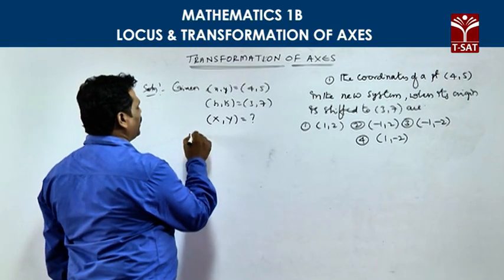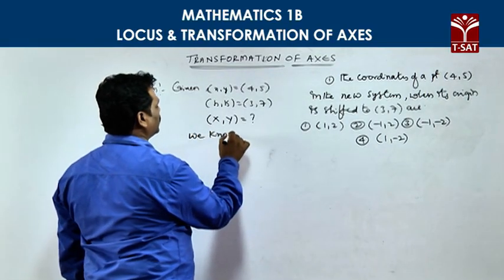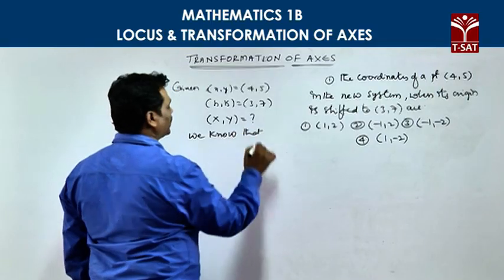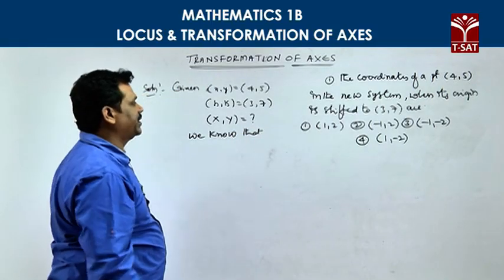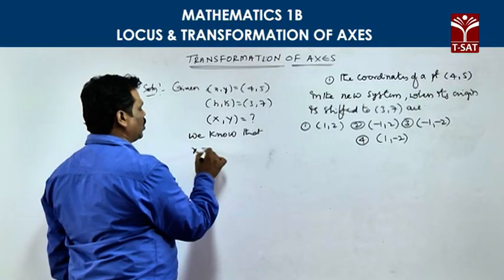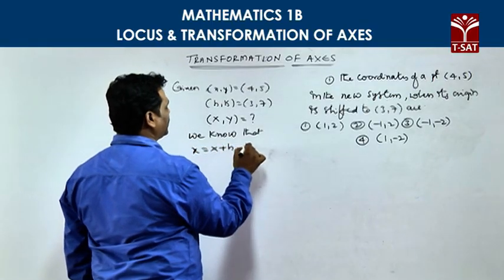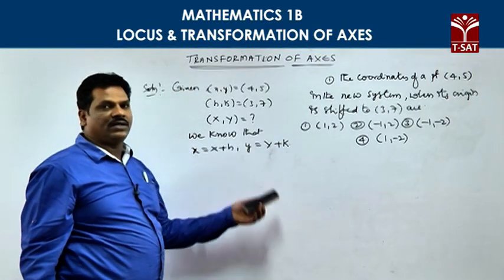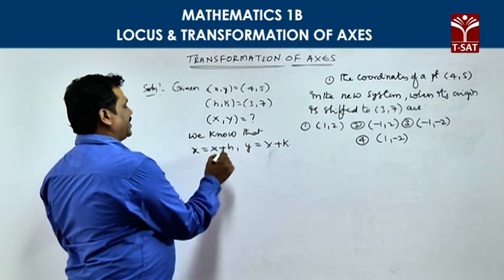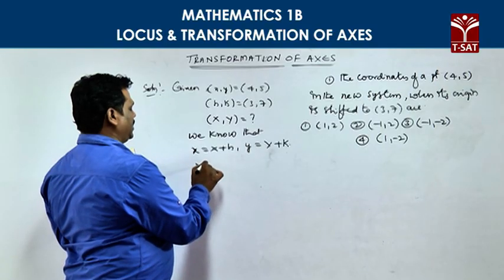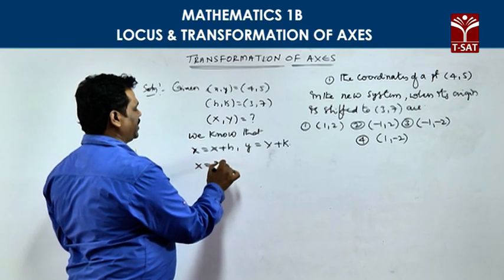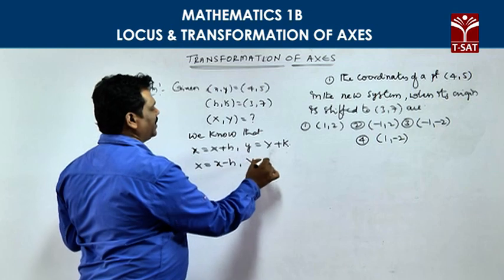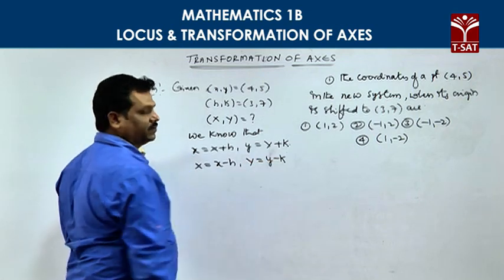So here we know that the relation between the original axis and the new axis is small x = capital X + h, small y = capital Y + k. So it can be written as capital X = small x - h, capital Y = small y - k.